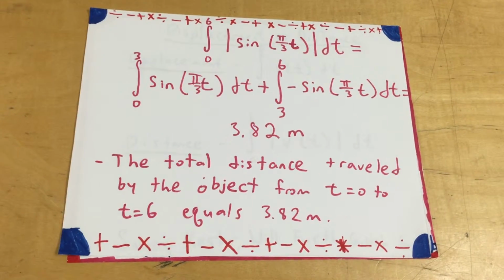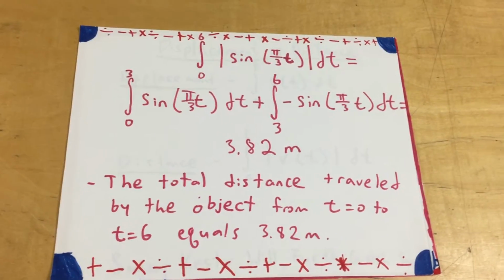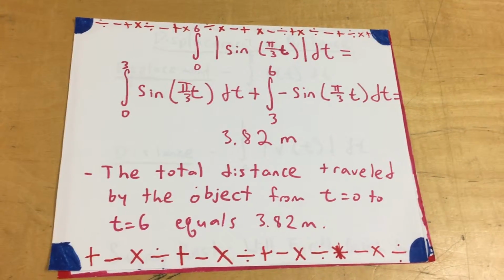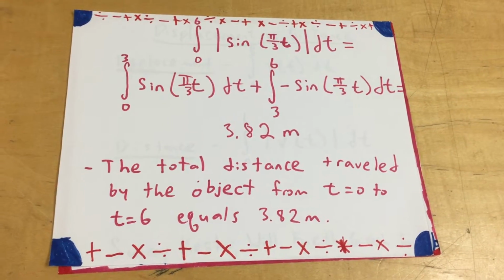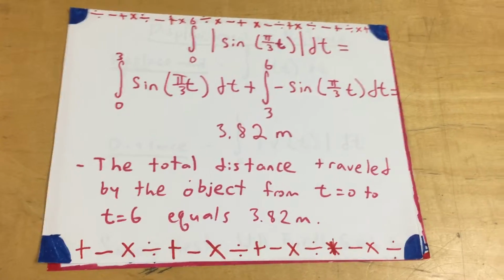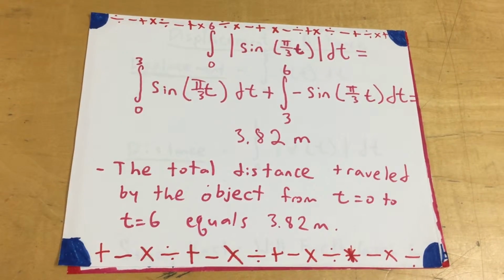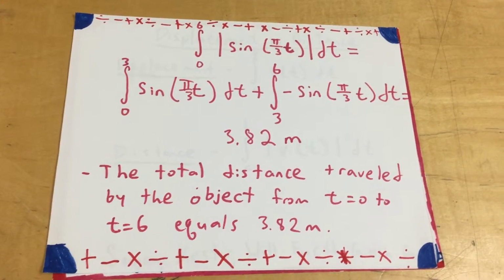So it's a little bit more complicated of a process to solve distance traveled. We put the velocity function into the integral again, so we get the integral from 0 to 6 of the absolute value of sine of pi over 3t dt. If you're solving with your calculator, you can just put that in. But if you're solving by hand, then you need to split up the integral.